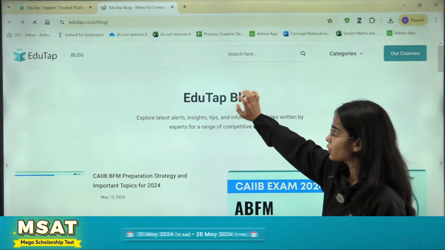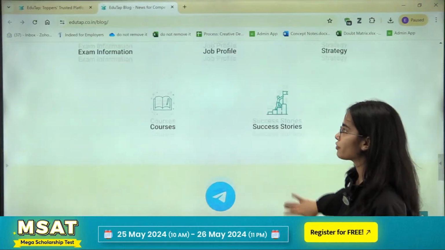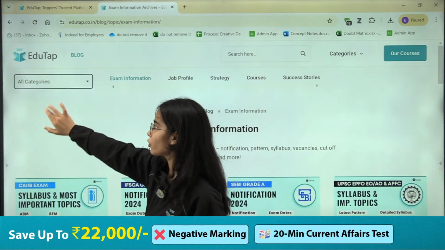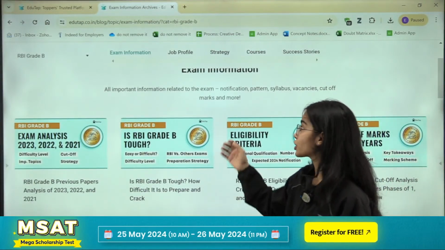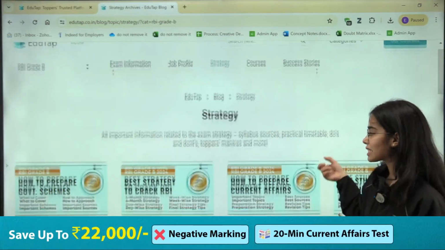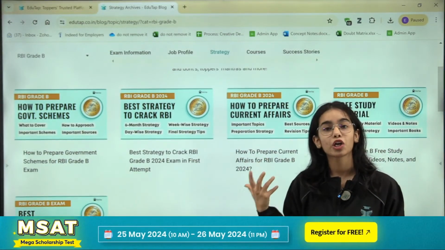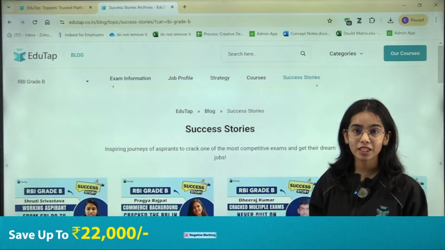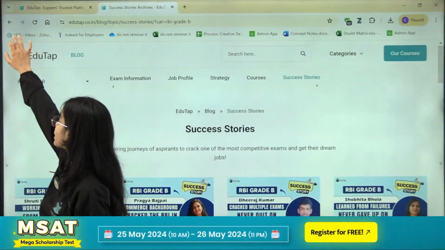In the blog section you can search for relevant information: exam information, the job profile, or the strategy for any examination, let's say RBI Grade B. The team has created very good blogs so that you can have in-depth knowledge about the examination. You can also read success stories and the plans they followed.